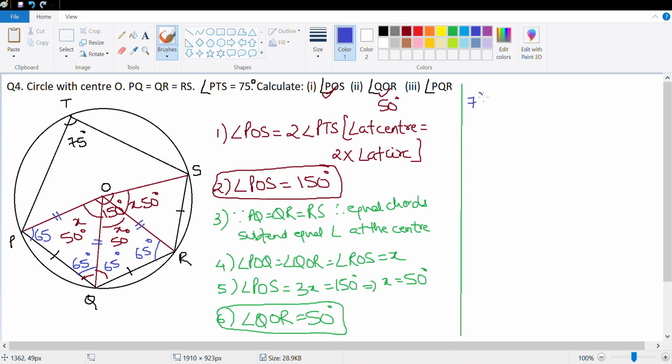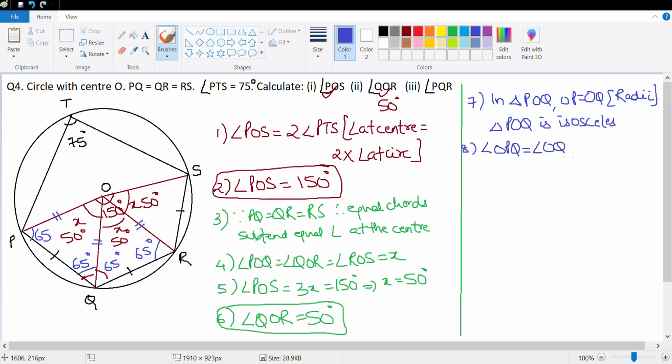Number 7. In triangle POQ, OP is equal to OQ, radii of same circle, which means triangle POQ is isosceles, which means angle OPQ is equal to angle OQP, which is equal to 180 degree minus 50 degree upon 2, which is equal to 65 degree.